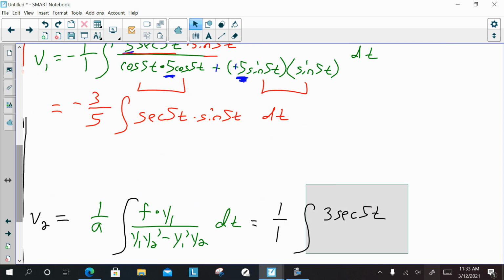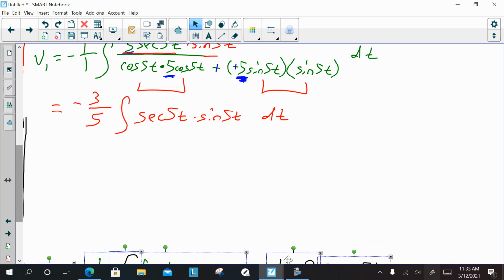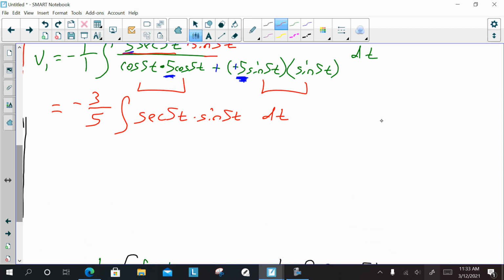So let's move this stuff. Remember that secant is 1 over cosine. So instead of writing this as secant, we could call this 1 over cosine. So that's going to give us cosine 5t on bottom. Sine over cosine is tangent.